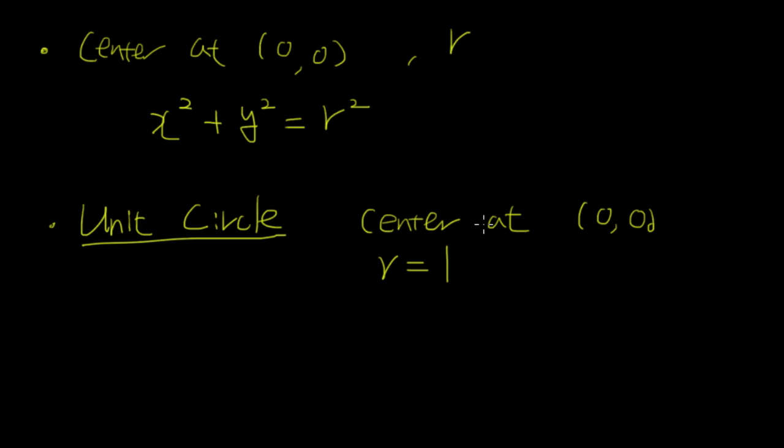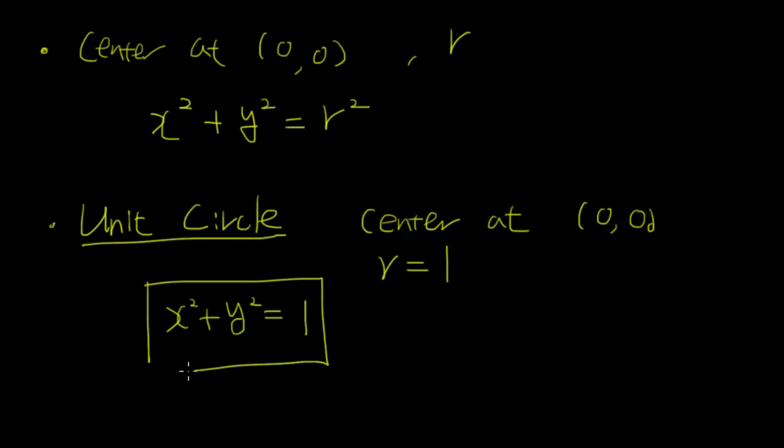Center at 0, 0 and radius is equal to 1. So the equation must be x squared plus y squared equals 1 squared technically, but 1 squared is just 1. So we're just going to leave it as 1, just like that, right?